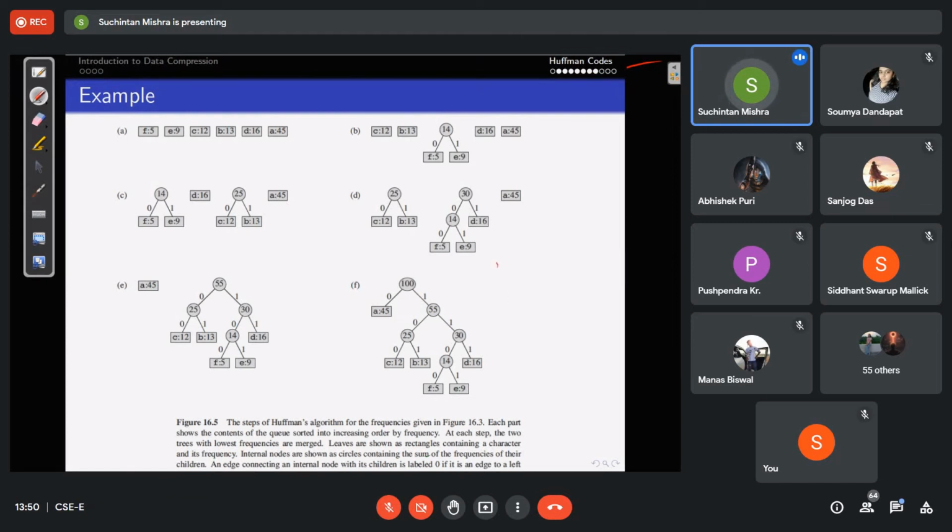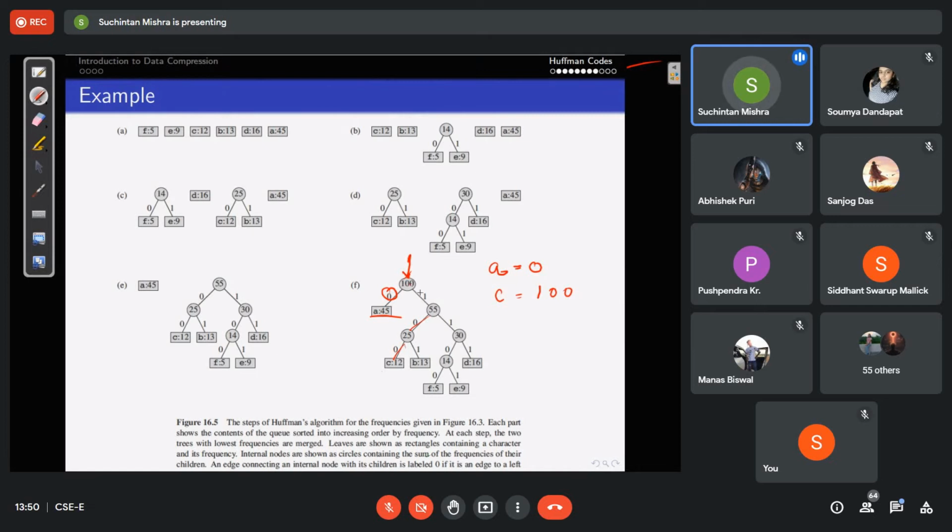For the code word of A, which is a variable length code word, I will start at the root, and by taking a 0, I can reach A. So the code word of A is 0. By taking 1, 0, 0, I can reach C. So the code word of C is 1, 0, 0.